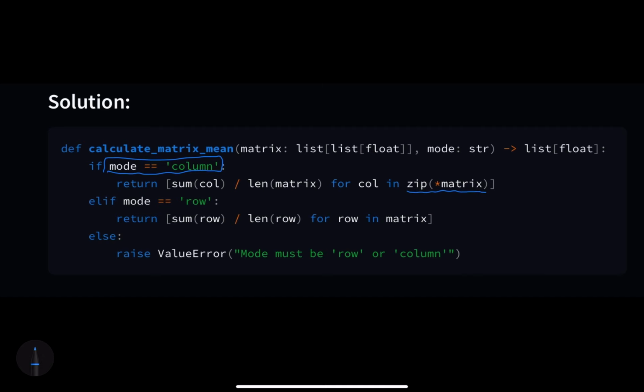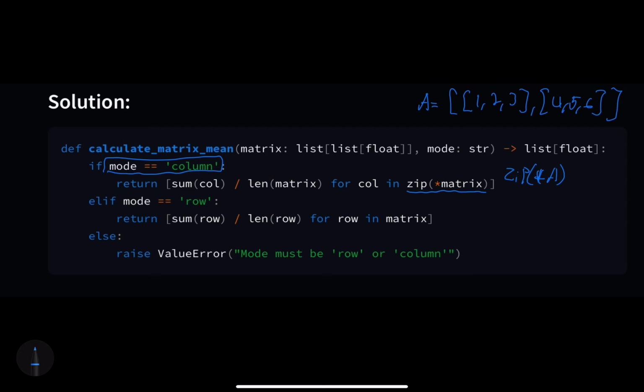So if we had a matrix A and it looked like this, 1, 2, 3, and we had 4, 5, 6, and then we did the zip star of A, that would be equivalent to basically transposing the matrix.